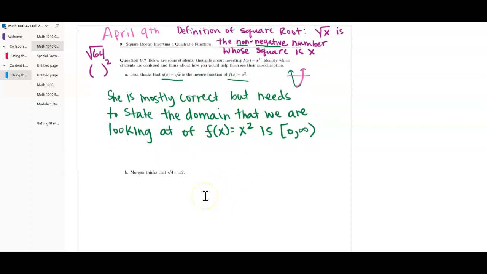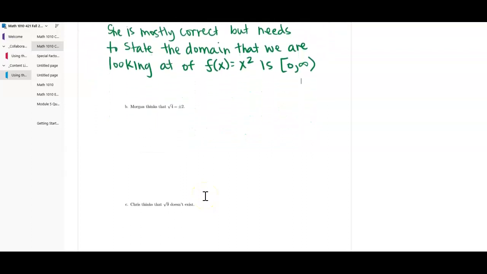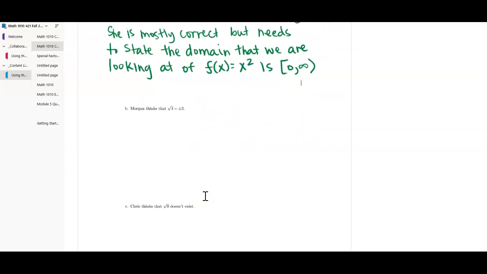So Morgan thinks that the square root of 4 is plus or minus 2. Can anybody tell me why you think that Morgan might think that? I think it's because she's saying negative 2 times negative 2 would be 4.